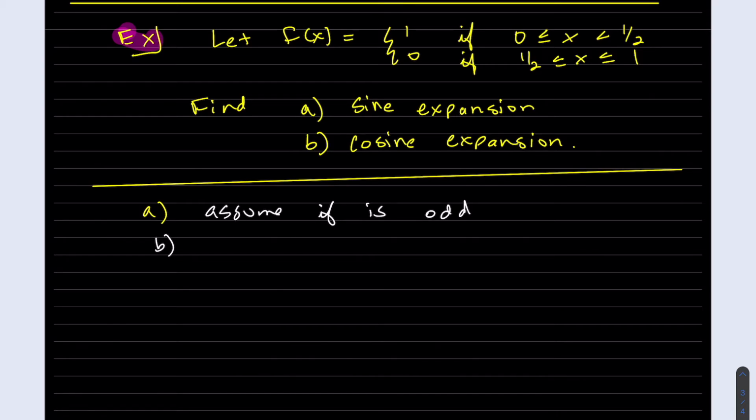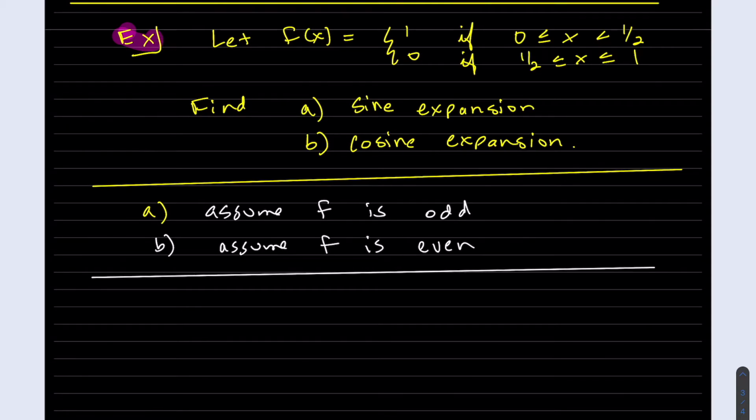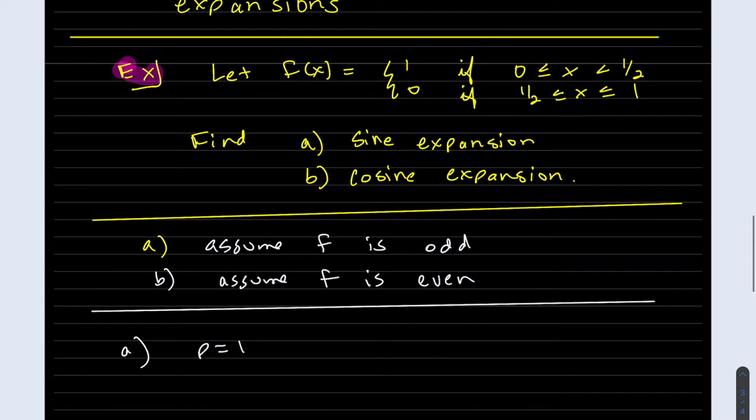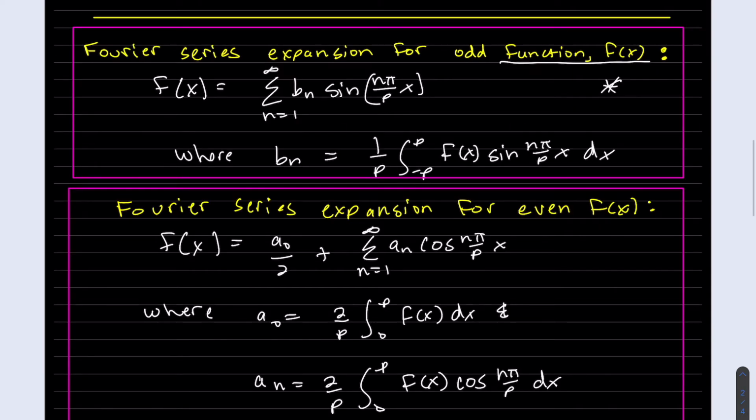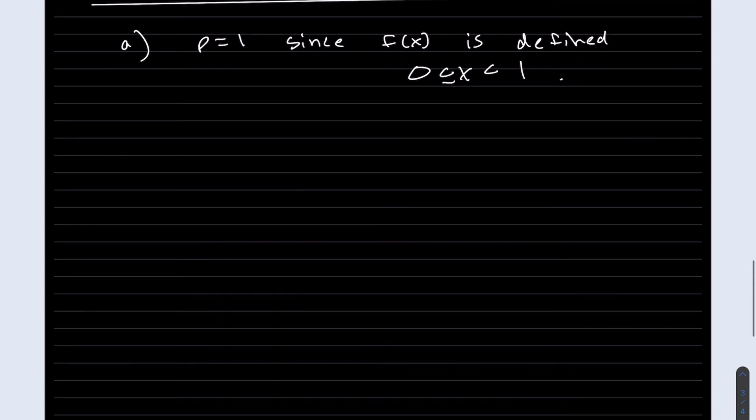And for part B, we'll assume f is even. So that's how we're going to work out these expansions. We are going to use p is equal to 1, and f is odd. This is what we get using the odd expansion.